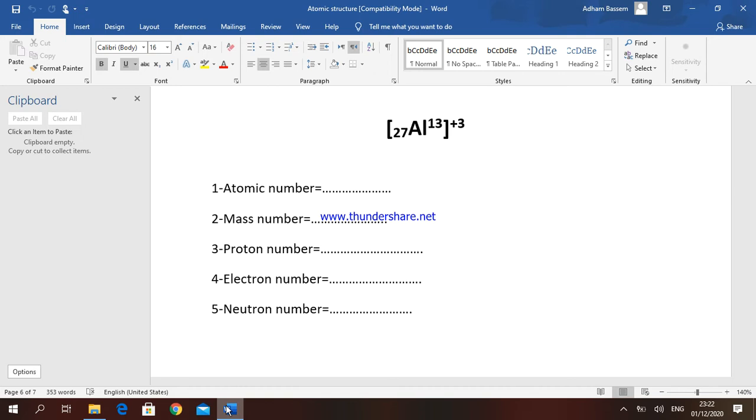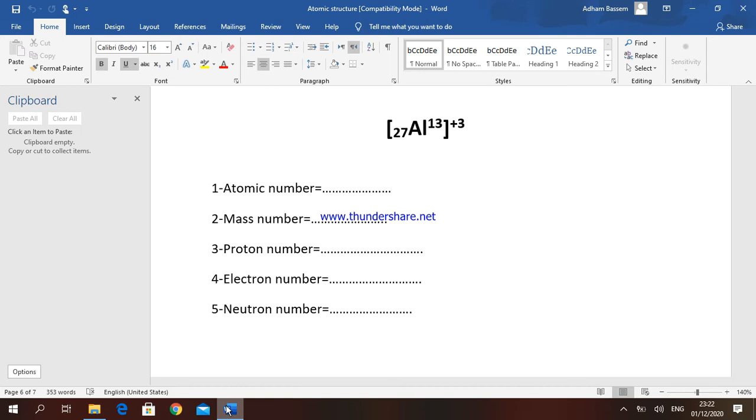But during a chemical reaction, atoms try to gain or lose or share electrons to complete the outermost energy level and form a stable compound or stable element. So the number of electrons lost, or gained, or even shared by the atom is called the valency of the atom.